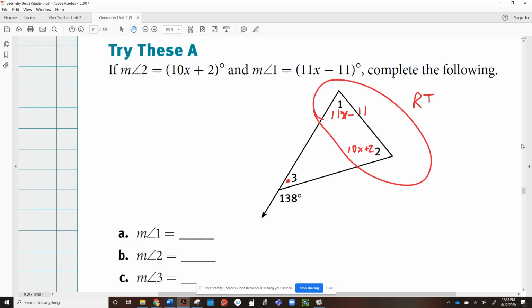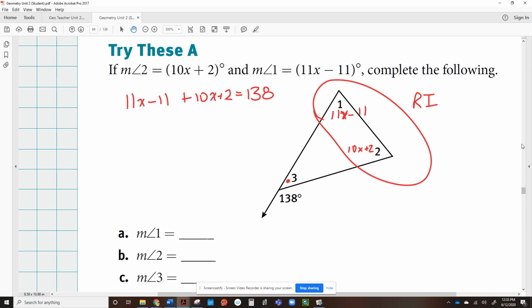So these are the remote interior angles. What do we know about the remote interior angles? Their sum, so angle 1 plus angle 2, is supposed to equal the exterior angle. The measure of angle 1 plus the measure of angle 2 should equal 138.